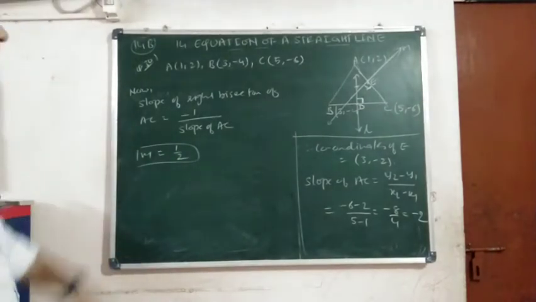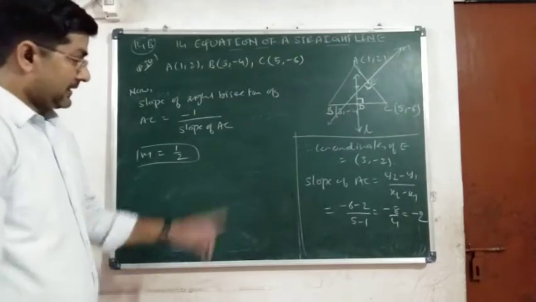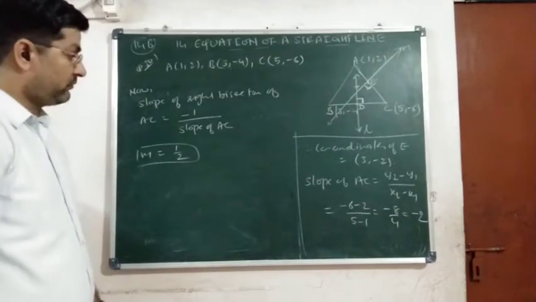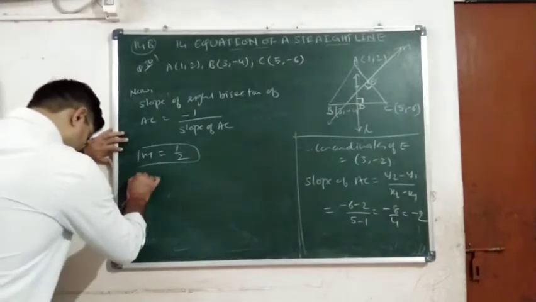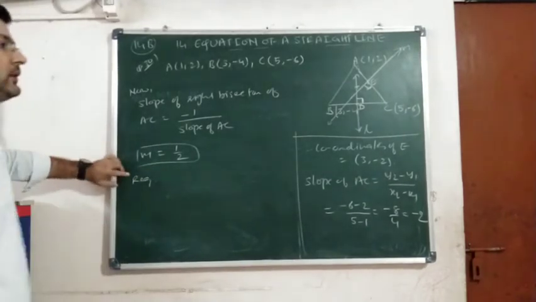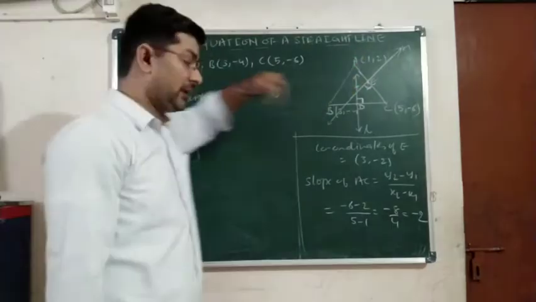Now this line passes through point E and has slope 1 by 2. We will refer to the bisector of AC as the required line.